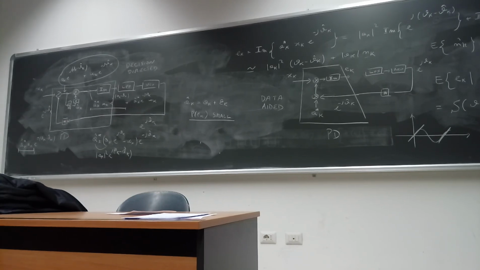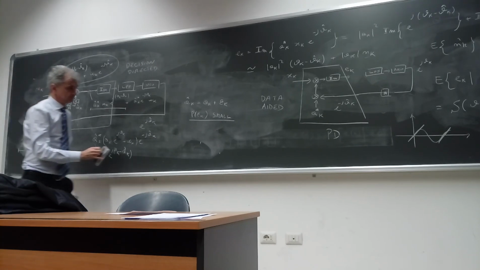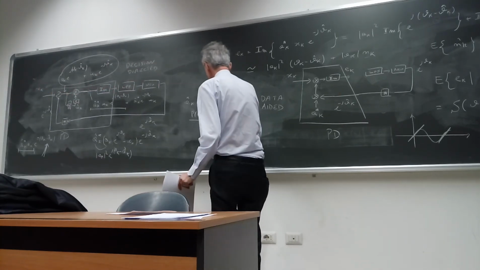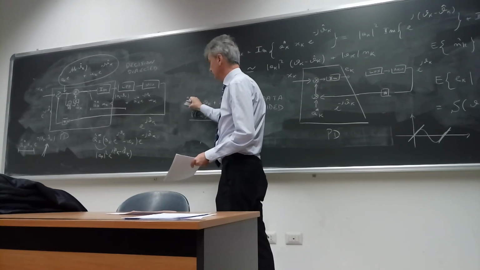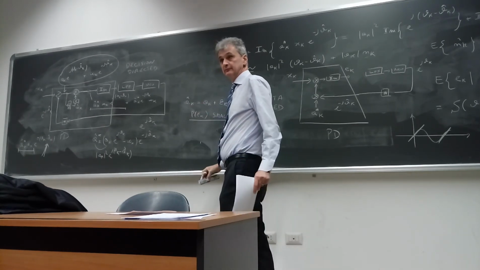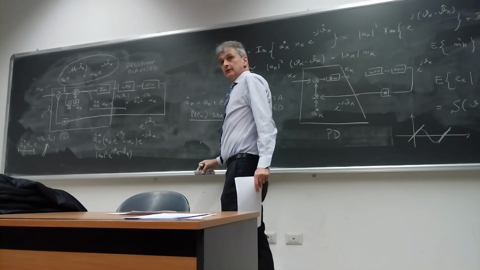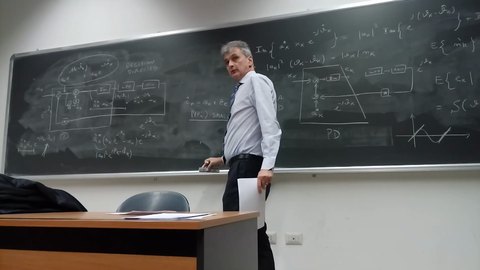This is phase modulation, which is of course unwanted. What I want is this. What I get is this plus this phase. Everything works if this phase is 0, which means everything works if the error probability at the decision is small enough. Questions?